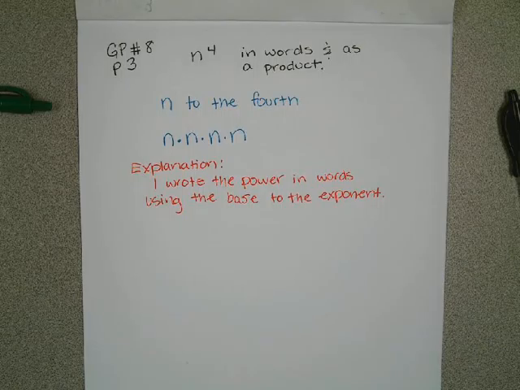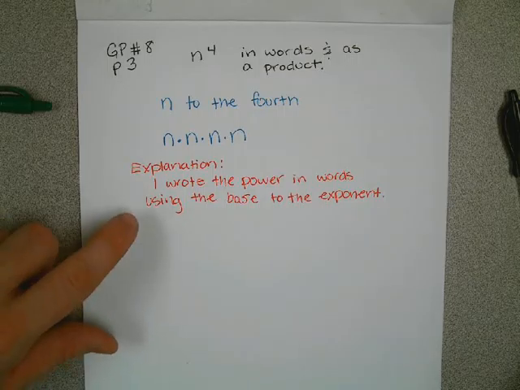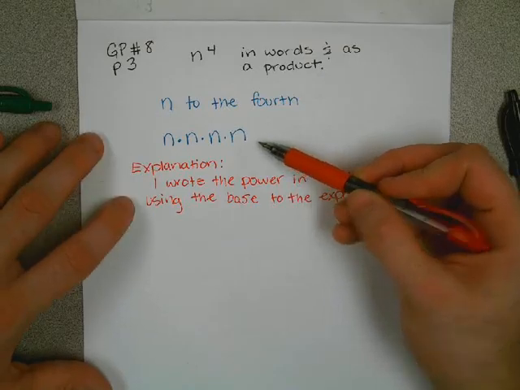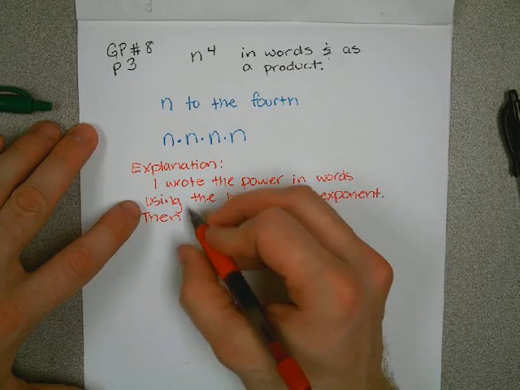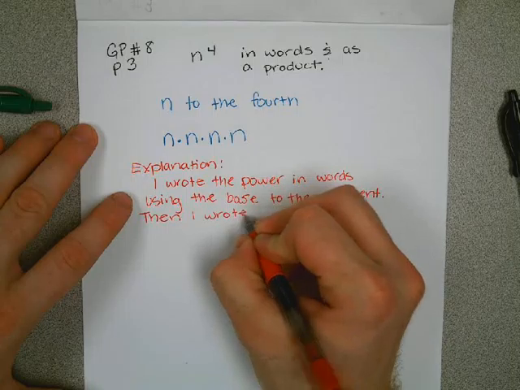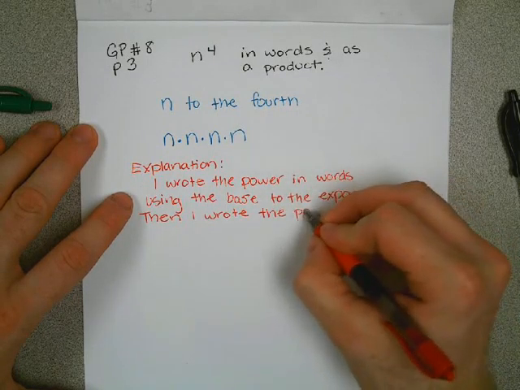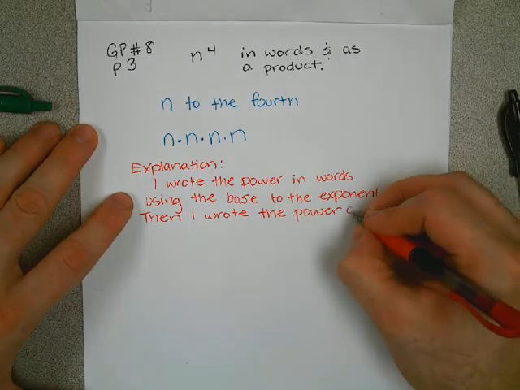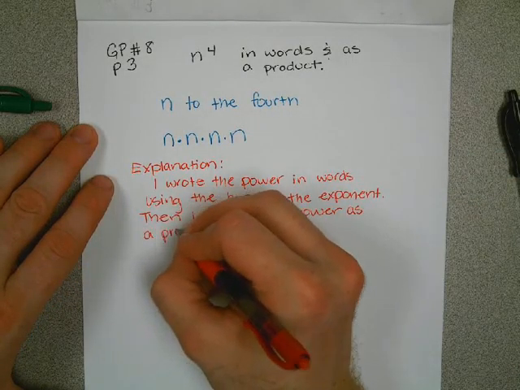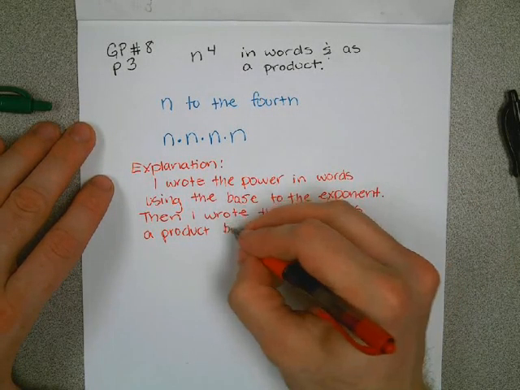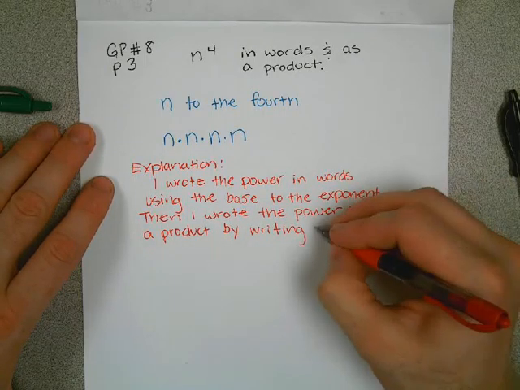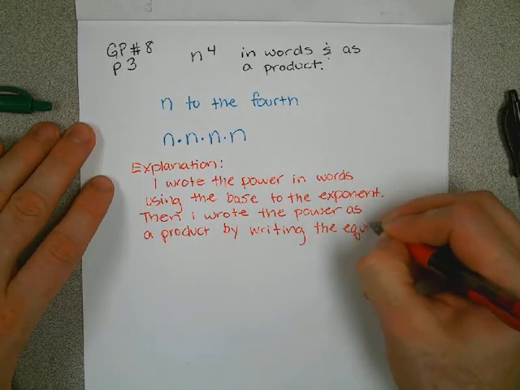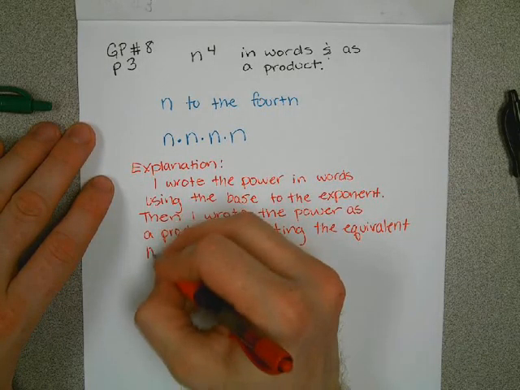And so the next part I put is, then I wrote the power as a product by writing the equivalent multiplication expression. There you go. That's all you have to do for guided practice number 8 on page 3.